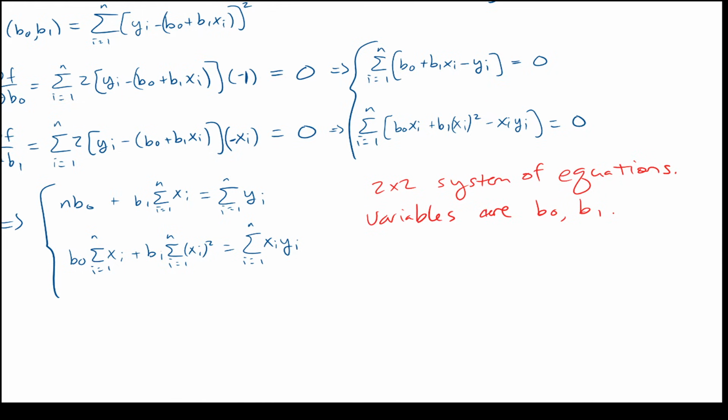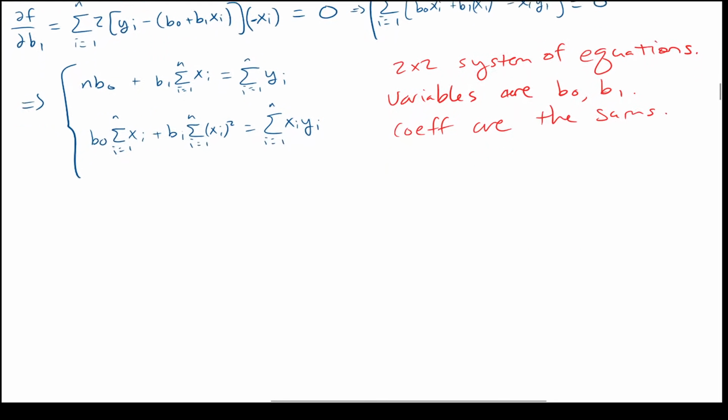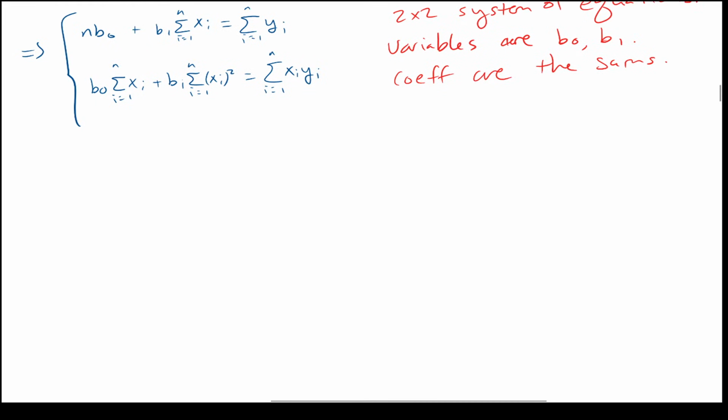The coefficients are the series, so the coefficients are the sums. So you pick your favorite method to solve the 2 by 2 system of equations. You could do substitution.